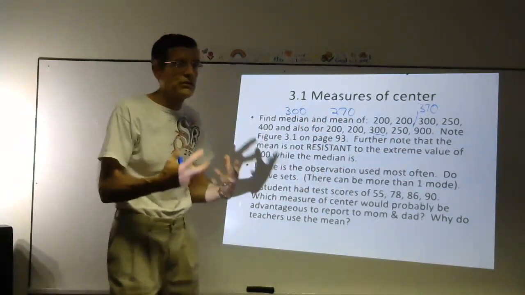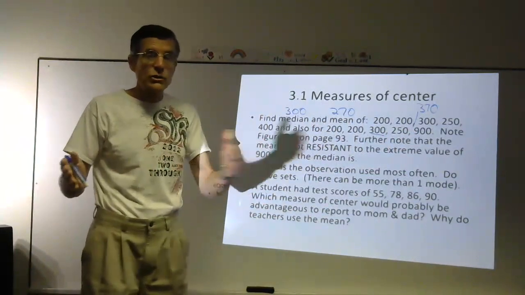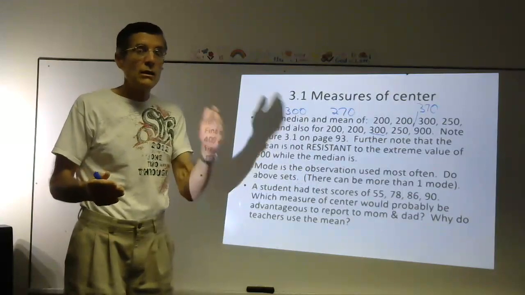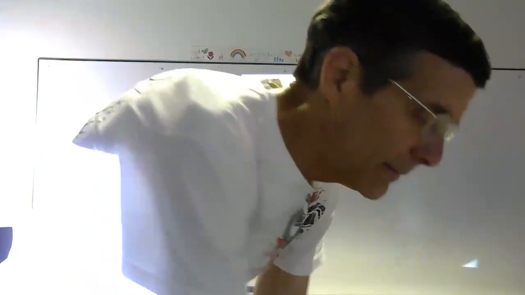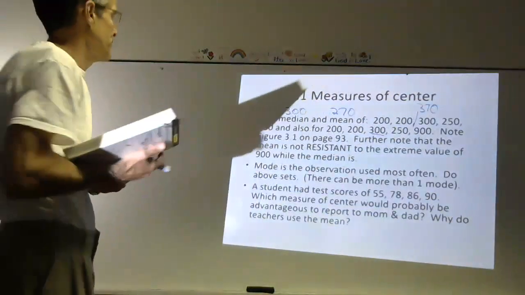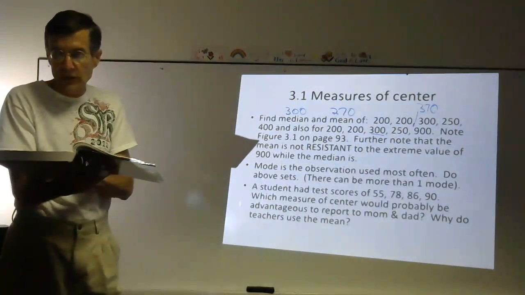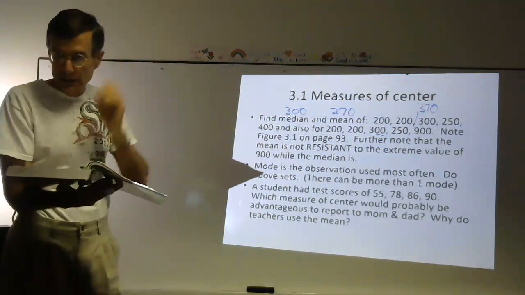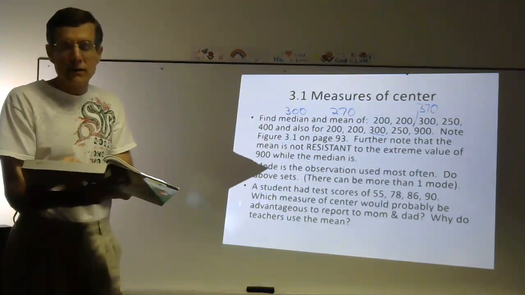The median's resistant, it doesn't move. The mean is not resistant, it fluctuates and moves. So the mean will move depending upon your values of data. Check out on page 93, figure 3.1, which is kind of interesting. I'm looking in the middle of page 93, the middle diagram.